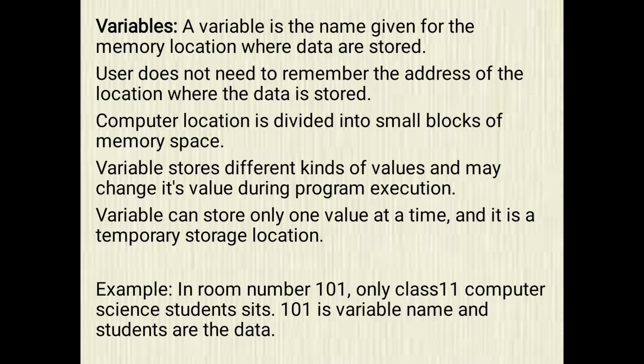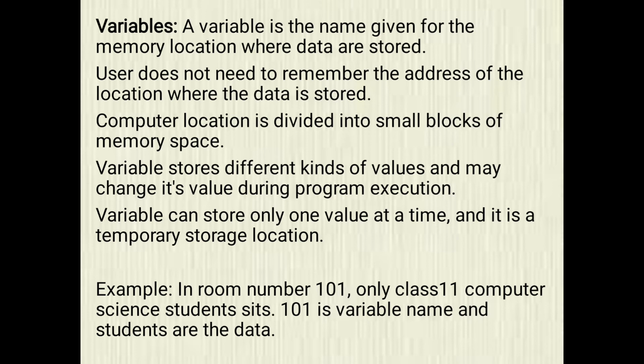That way the user does not need to remember the address of the location. Every memory location has an address, suppose like 1 2 3 4, but the user can refer to that memory location by the variable name.